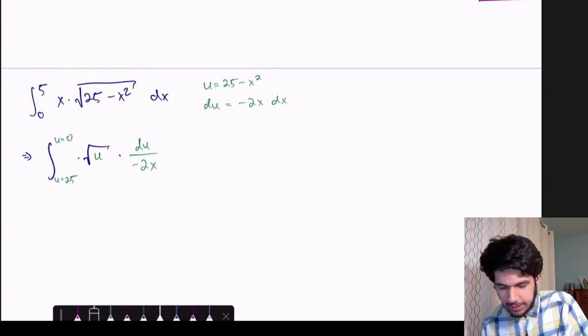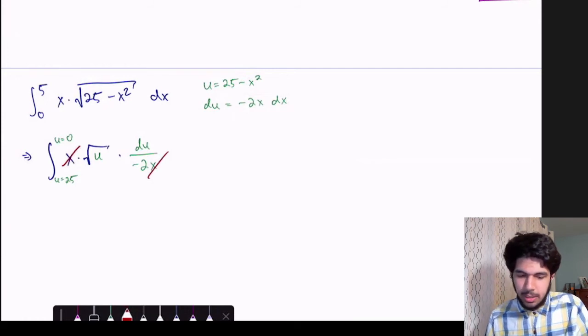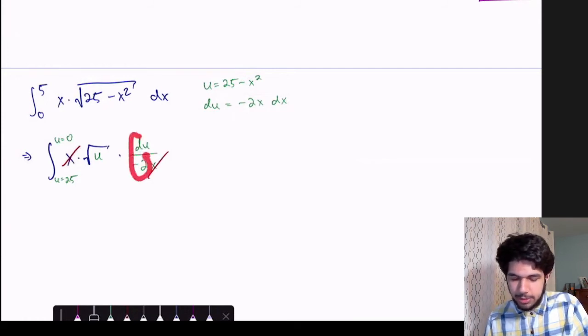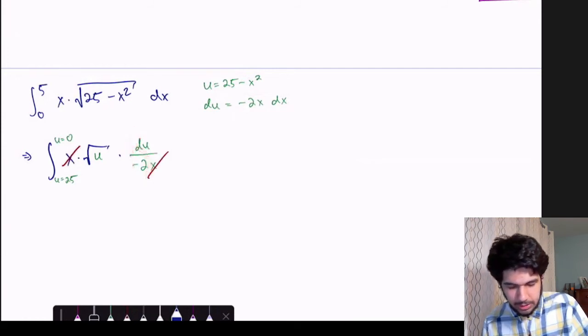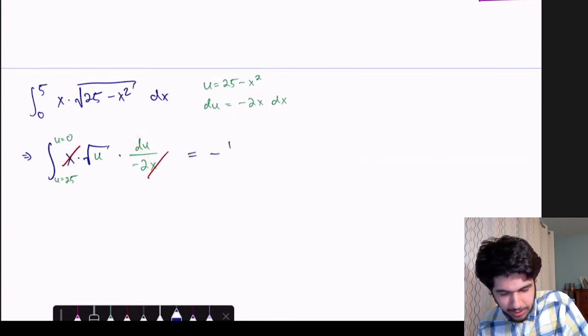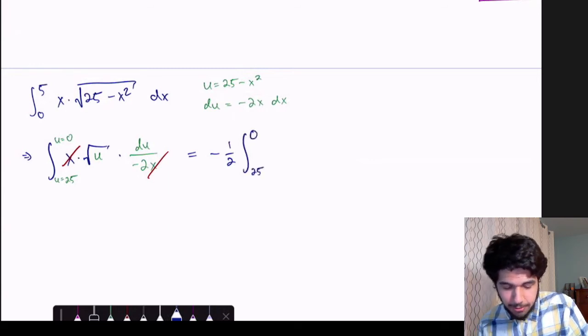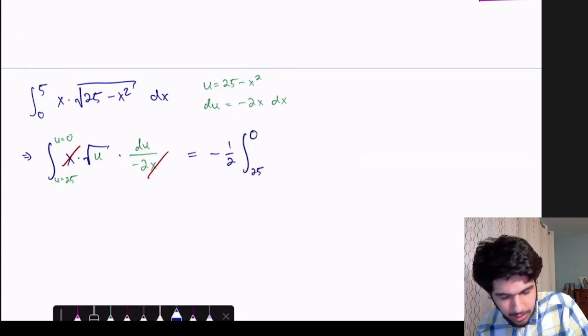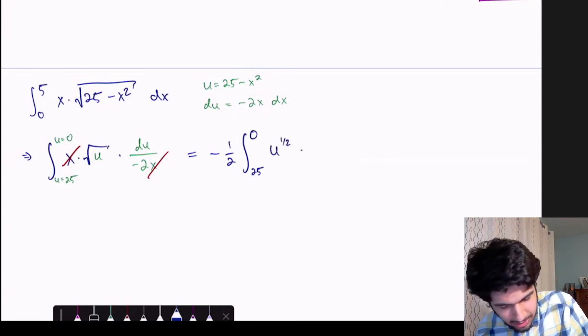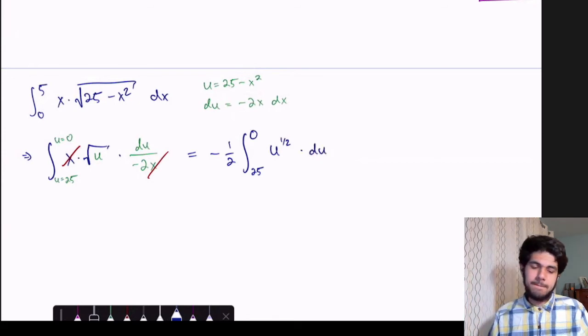We should see that this x cancels with this x, and we have this negative 1/2 term here, which we can factor out. So let's just rewrite it, make it look a little bit prettier, factor that term out, integral, bottom limit is 25, top limit is 0. We'll write u to the 1/2, because that's easier to integrate, times du.